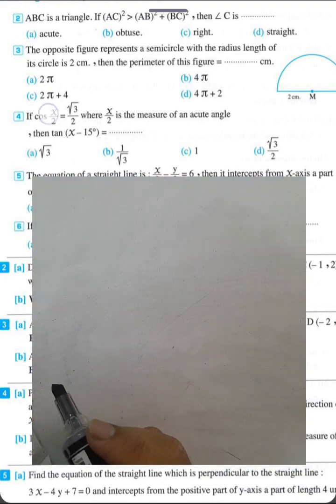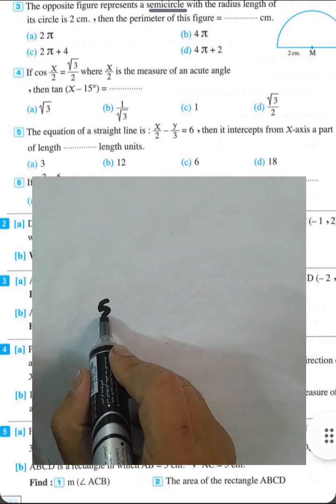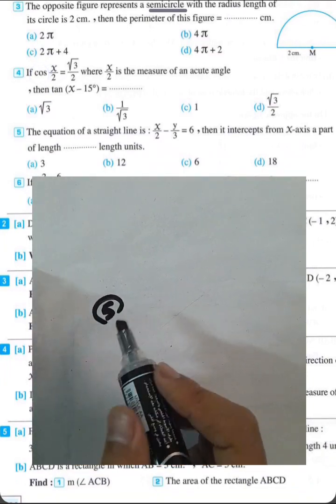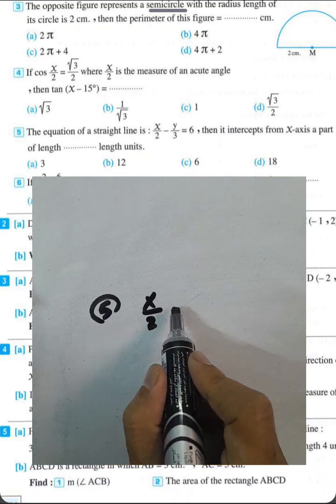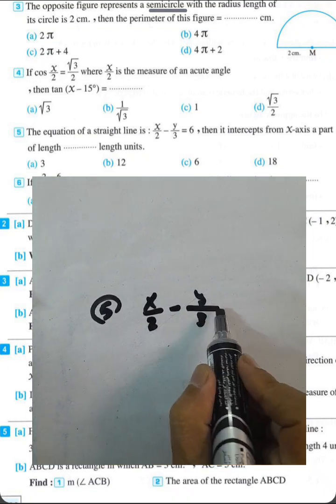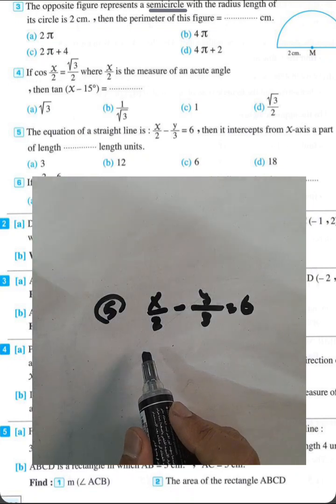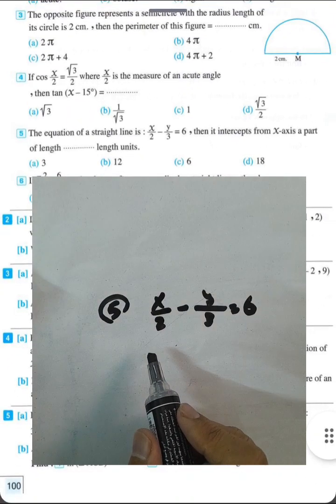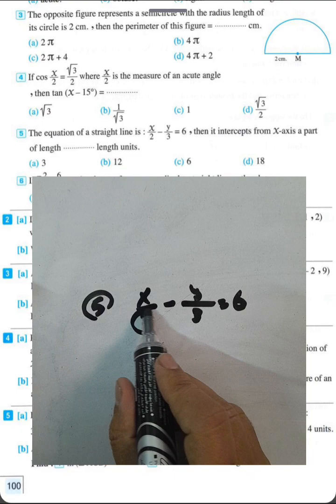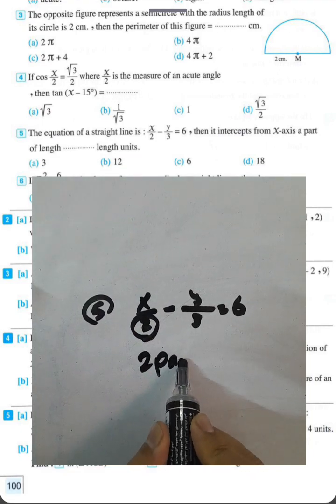Next question number 5. The equation of the straight line is x over 2 subtract y over 3 equals 6. We want to find the intercept for the x-axis. About 2 parts, okay?